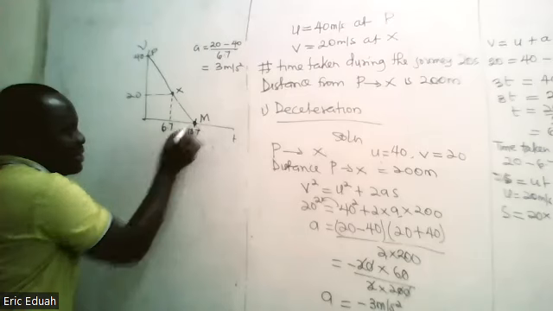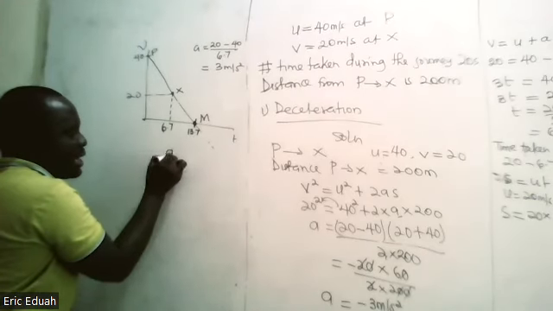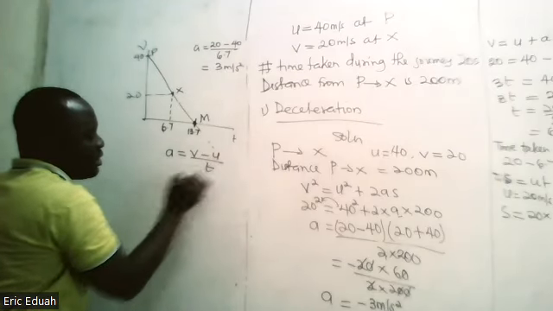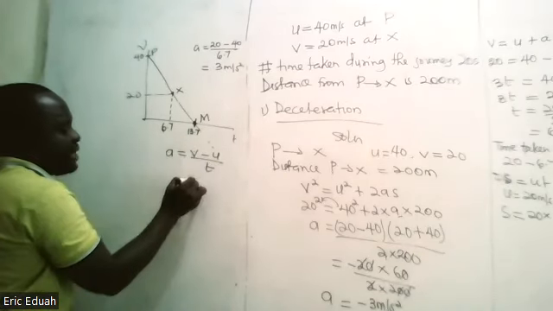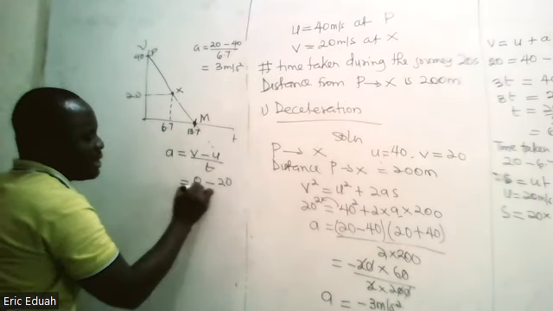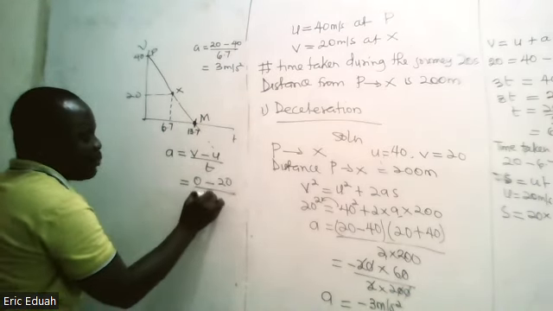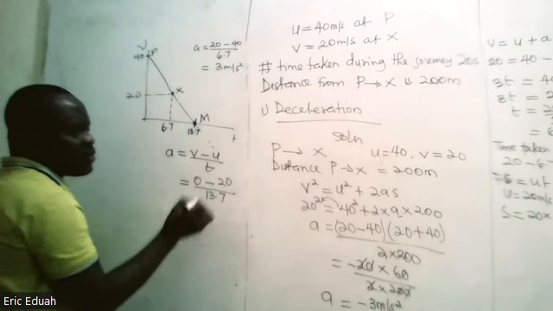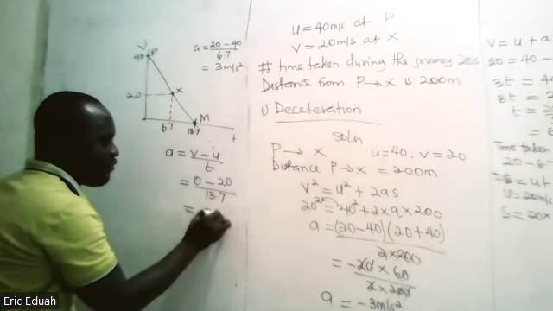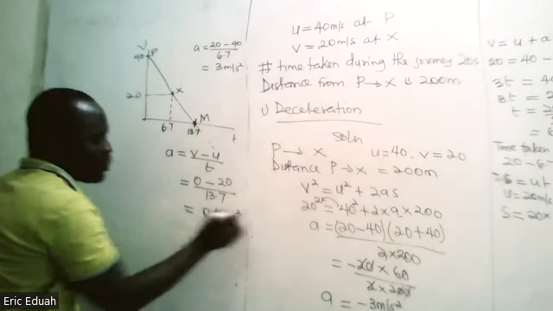So V at M is 0. Using A is equal to V minus U on T, V is 0, U is 20, the time is 13.7, and this will give us a deceleration of 0.5 meter per second squared.